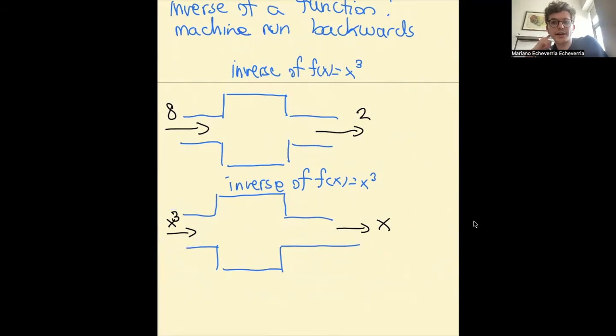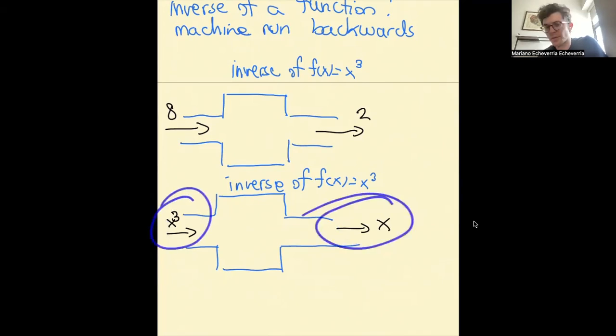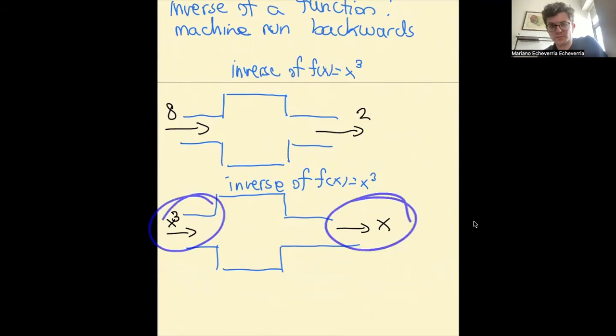How could you start with a number which is like x cubed and obtain the number x? What could you do to that number? Yeah, the cubic root of x, that's basically how it's called.